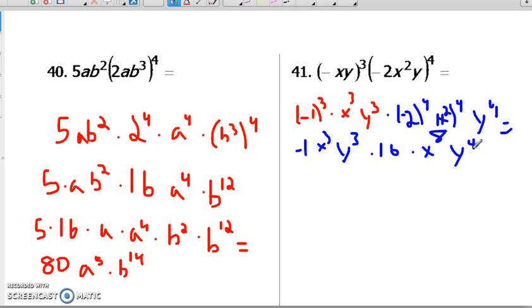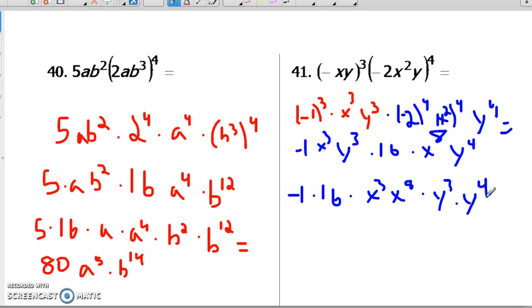Okay. So we have to put all this together. So I have this -1 multiplied by the 16. Then I have my x cubed times x to the 8th. Then I have my y cubed times y to the fourth.